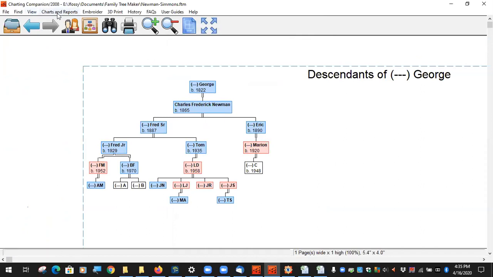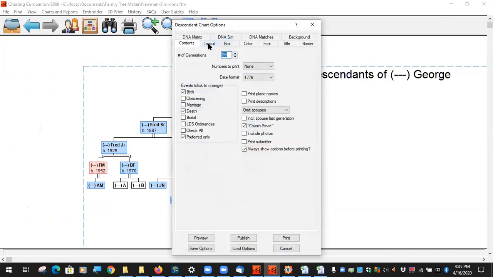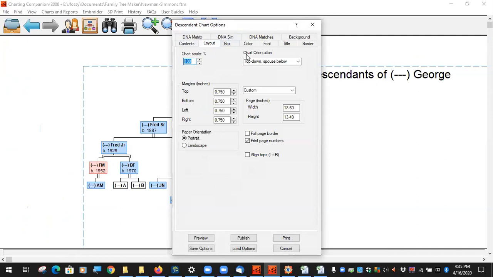Can you change it so the spouse is on a different level? How did you change it so that the spouse was below? Oh, that's under layout here. You change the top-down spouse on same level. Okay, I didn't know there was an option. I do that because, like I said, my grandma is the oldest of 11 kids. So you got 11 kids, 11 spouses, sometimes even more spouses, with couple marriages.